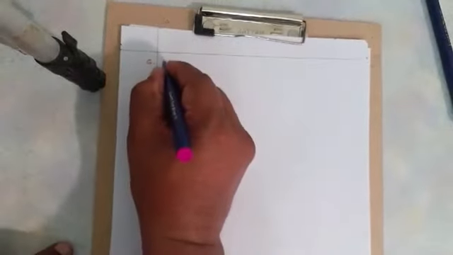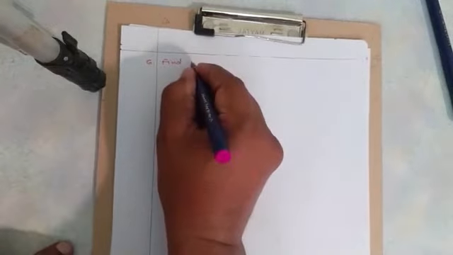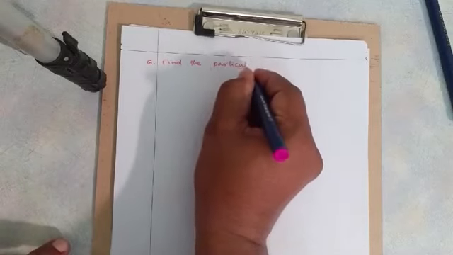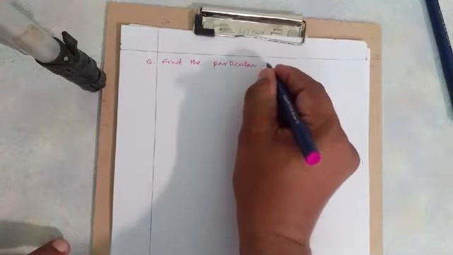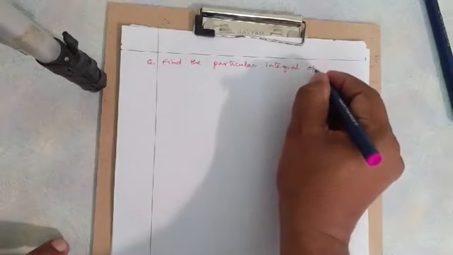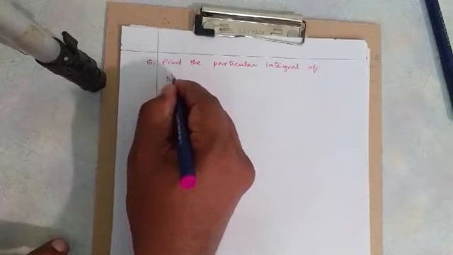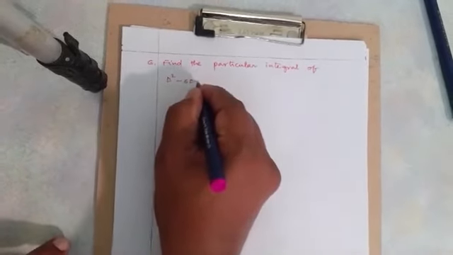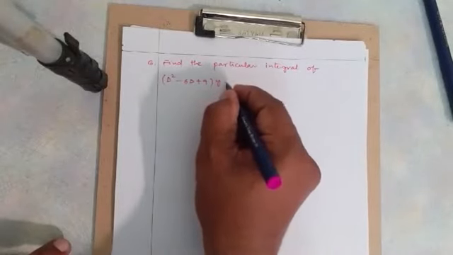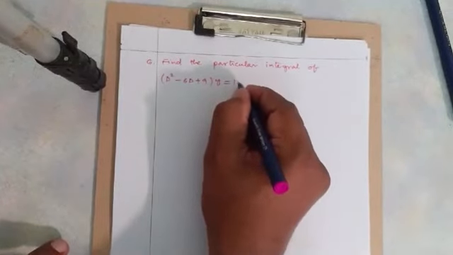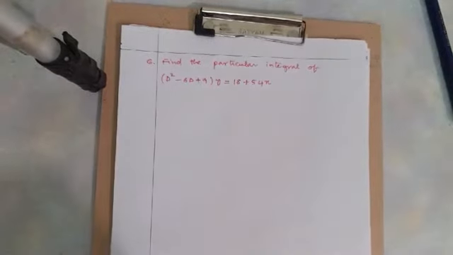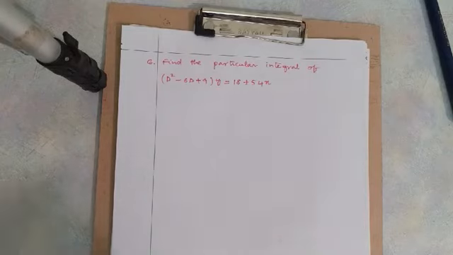Find the particular integral of (d square minus 6d plus 9) of y is equal to 18 plus 54x. This is given.